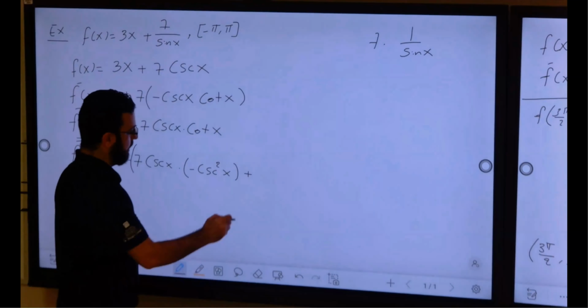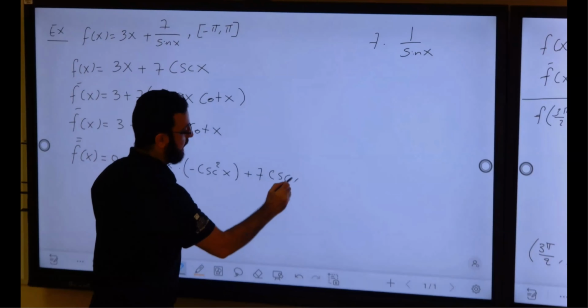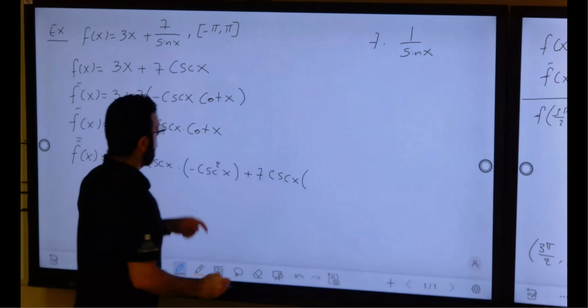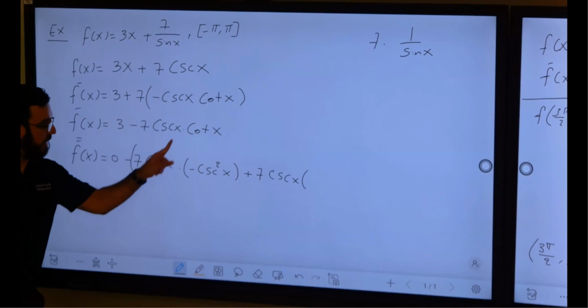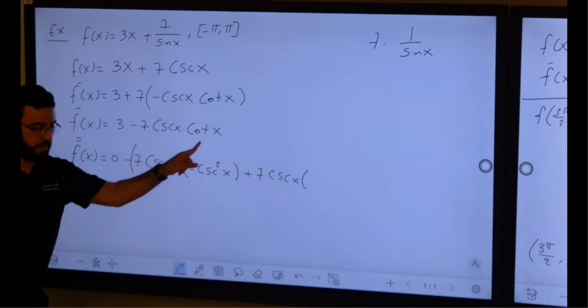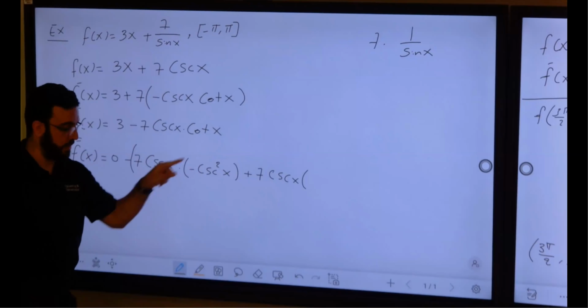Wait, here is the negative out, don't worry about the negative. The first one times the derivative of the cotangent, right? Plus the second one should be this.